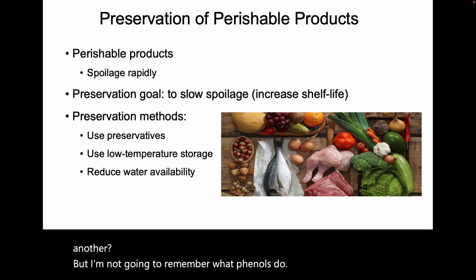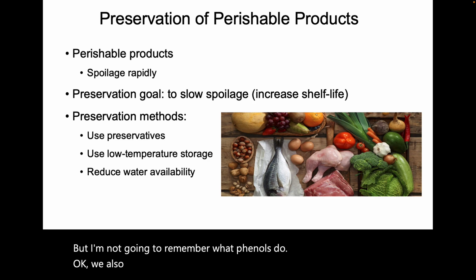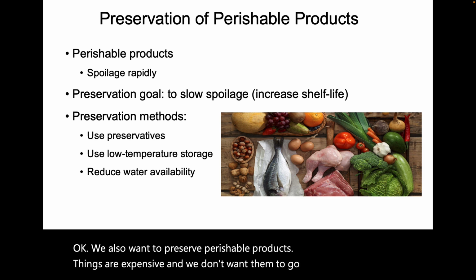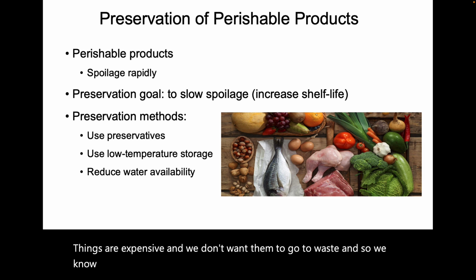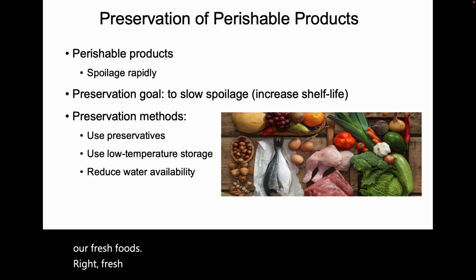Okay. We also want to preserve perishable products because things are expensive and we don't want them to go to waste. And so we know that there are lots of food products that will spoil rapidly, especially our fresh foods. Fresh meat, fresh vegetables and fruits, bread with no preservatives, it will all go bad pretty quickly.